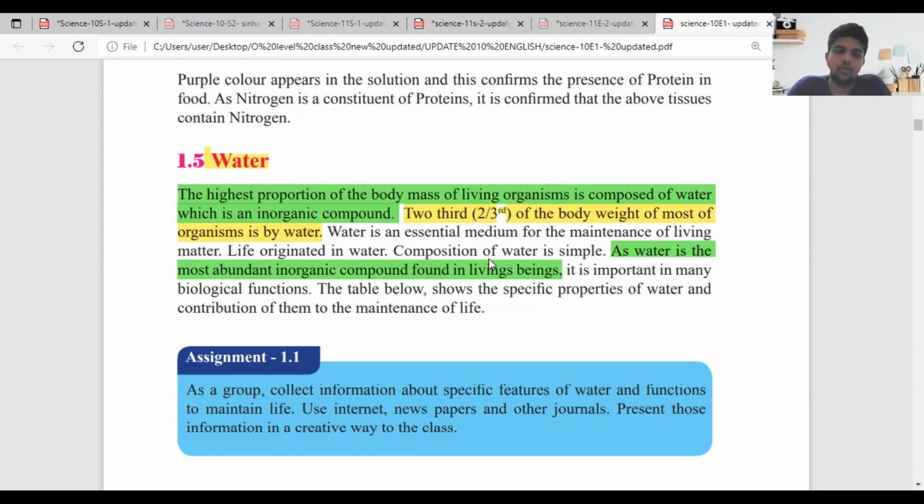Next point. Water is an essential medium for the maintenance of living matter.